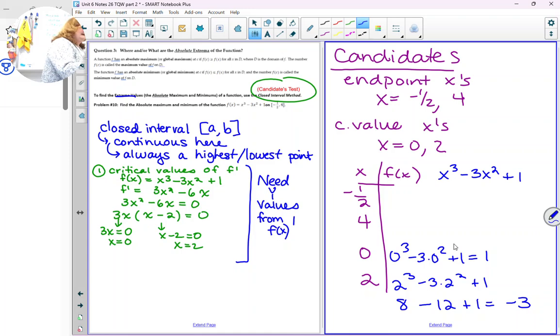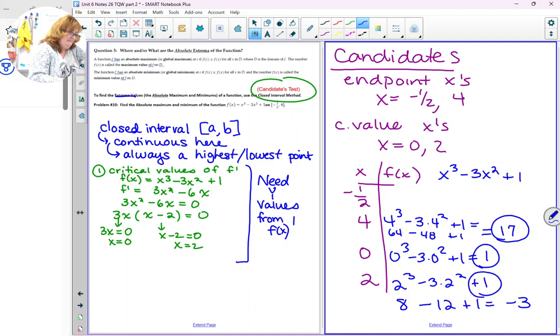Now you already might be looking and going, oh yeah, 4 is going to be more. Let's check this out. 4 cubed minus 3 times 4 squared plus 1. That's 64 minus 48 is 16, plus 1 is 17.